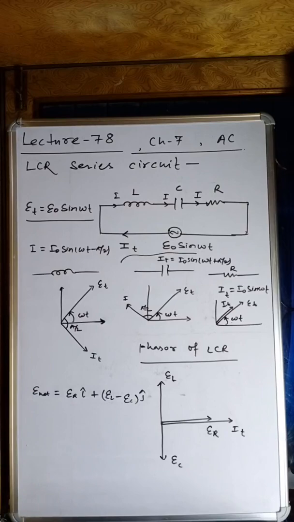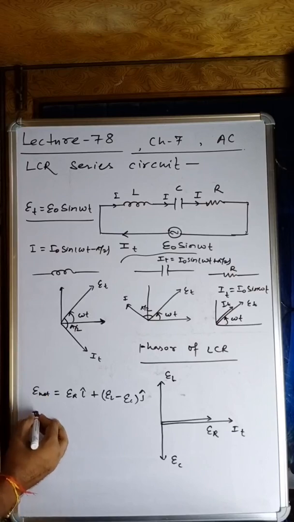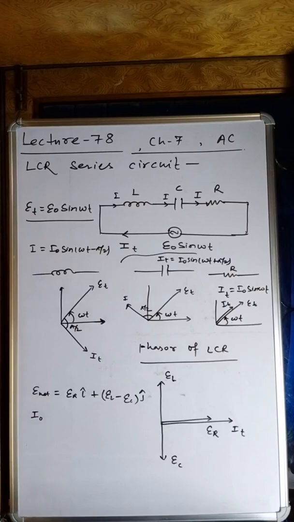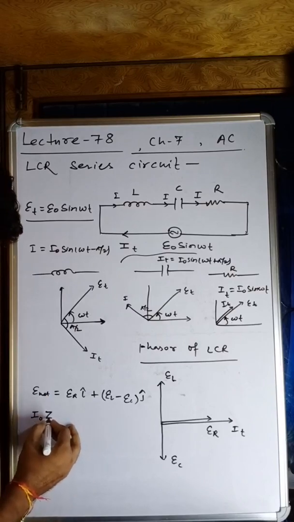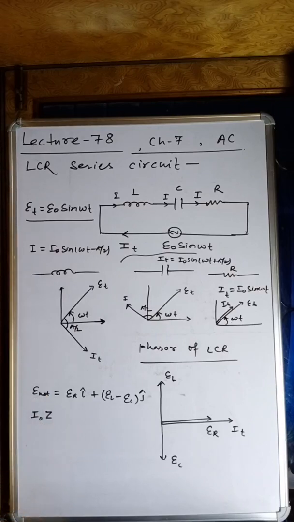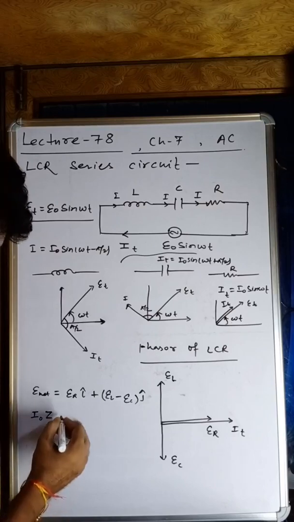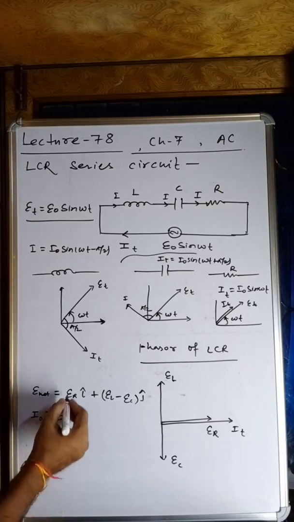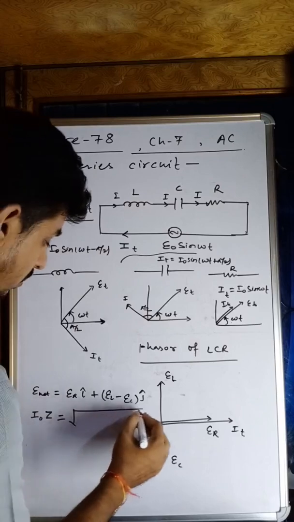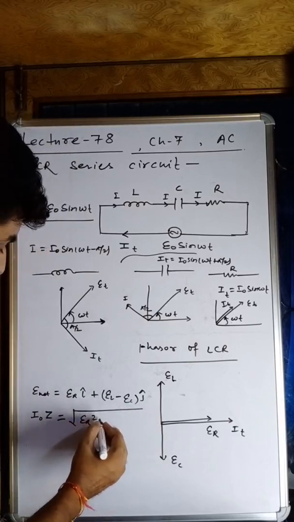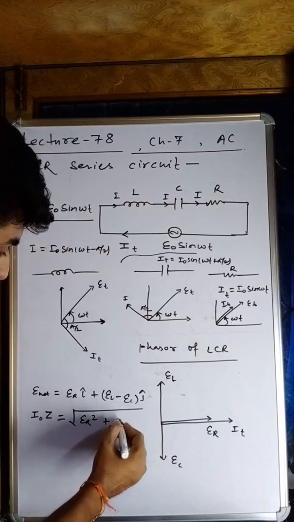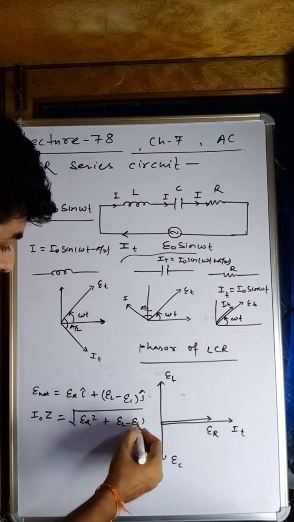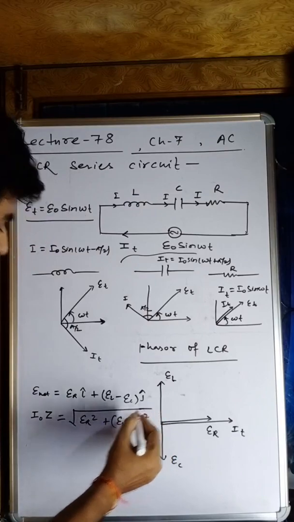Alright, now we know that E net is I times Z, supposing we are considering the peak current, where Z is the net resistance of the circuit. Here Z is equal to root under ER square plus (EL minus EC) whole square.